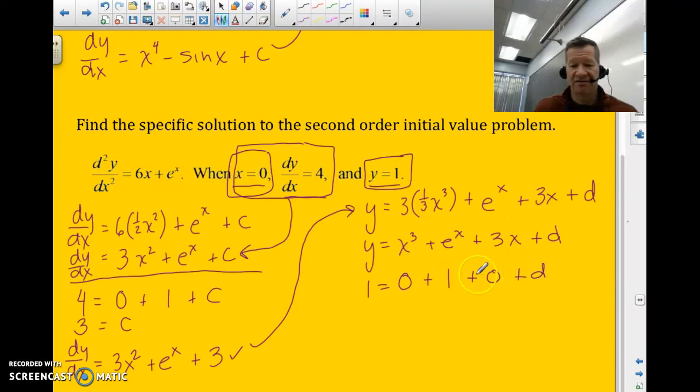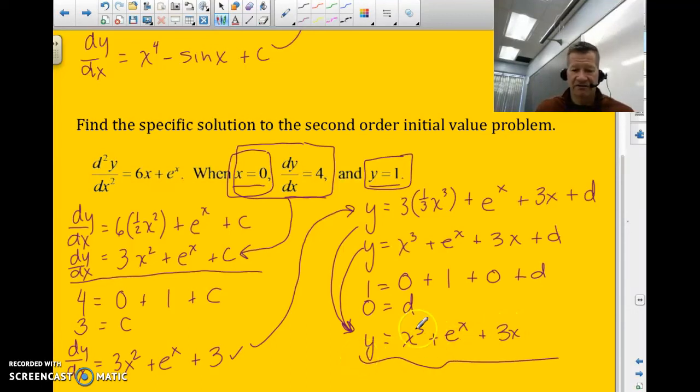Plus d. Now subtracting 1 from both sides, I find out that d is 0. So therefore, let's rewrite this equation, simplified, nicer. Y equals x to the third plus e to the x plus 3x. And then since d is 0, we are done.